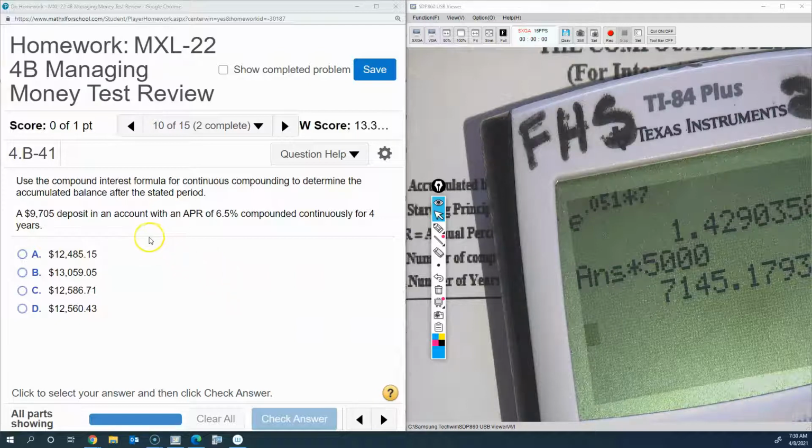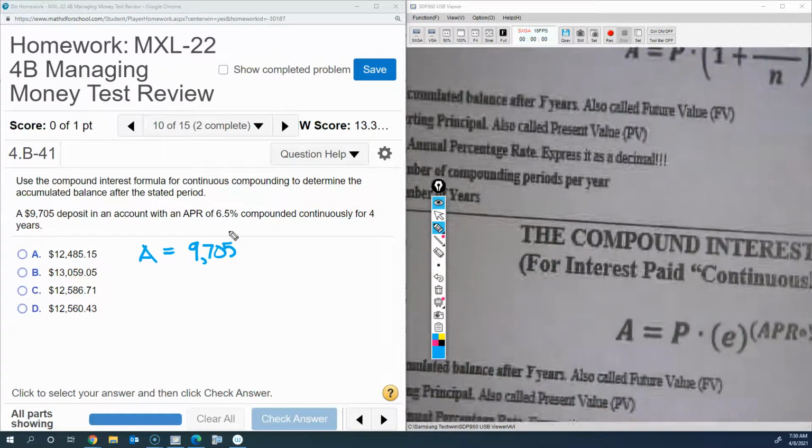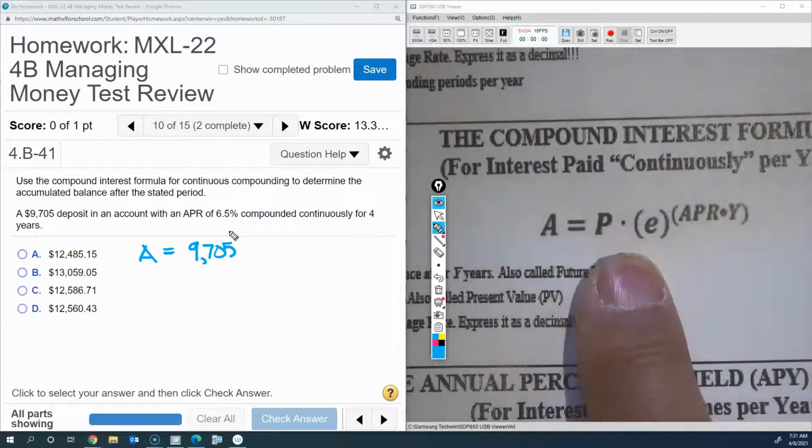And number 10 is just like it. As soon as I see compound continuously, I know what formula to go to. Okay, so I'm using this formula right here again.